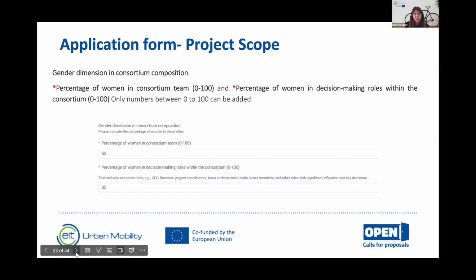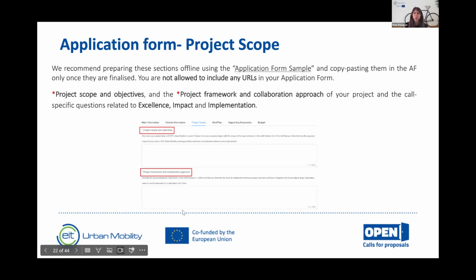And after all these sections, well, I forgot to mention also that for these sections it's important that you refer to the call manual, and especially the evaluation section, because in the evaluation you have the criteria that the evaluators will assess. You also have the explanation of what is required or what we are asking for in each section.